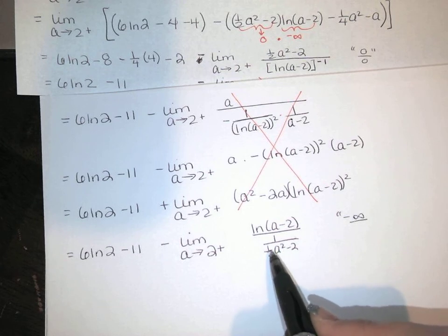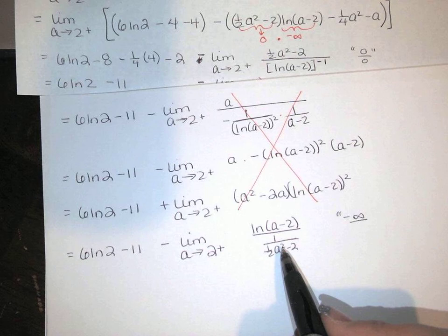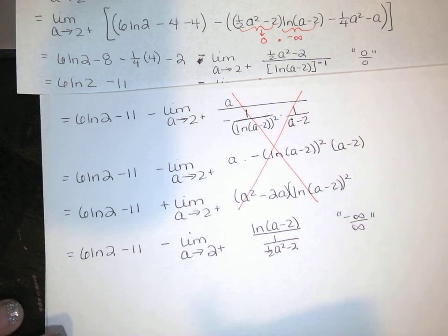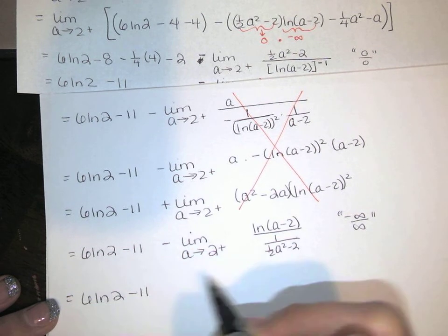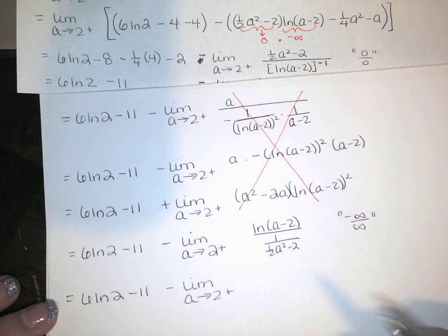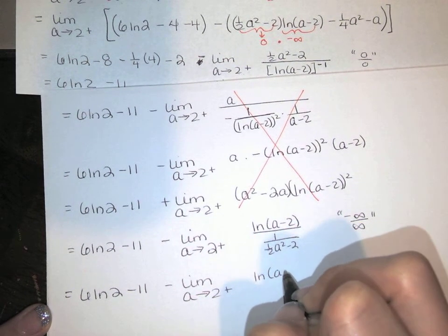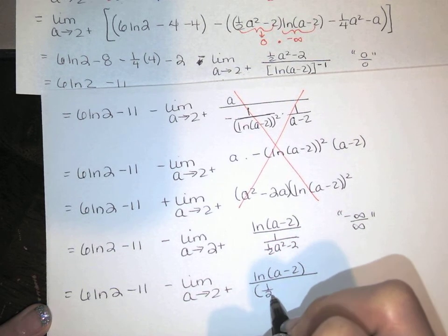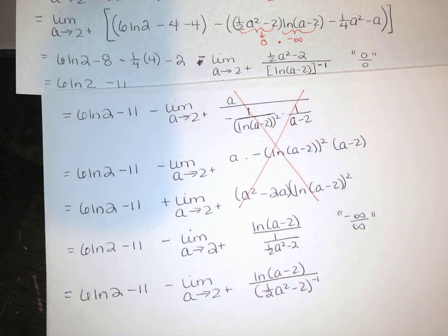So that number that's slightly larger than 2 minus 2 is going to be a tiny positive number. 1 over a tiny positive number is a large positive number. Okay, so we're going to use L'Hopital's rule on that. And to make the differentiation easier, I'm just going to rewrite that as a power, and use the chain rule.